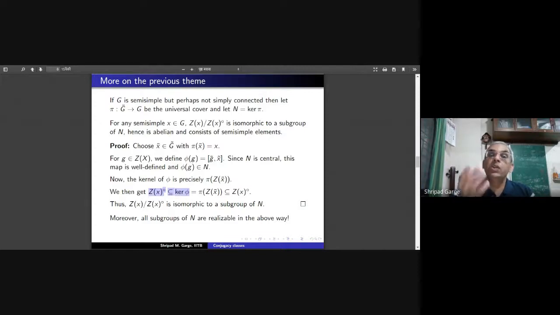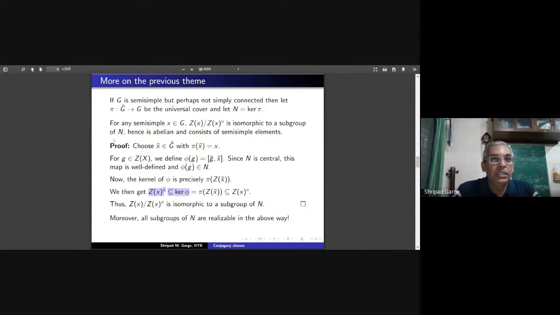So if your G is semi-simple but not simply connected, then you have a non-trivial universal cover, you have a non-trivial subgroup capital N, then all subgroups of capital N can be realized as Gx modulo Gx naught for some semi-simple x in G. I think it will be nice to do this for some of the simple-minded groups, and we will try to do it in one of the tutorials.